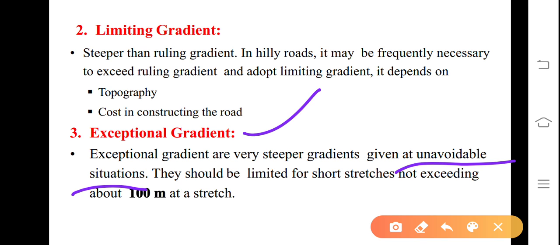It is too steep. They should be limited to a small stretch of about 100 meters, so that the power lost in climbing the too steep gradient can have a relief when it comes to horizontal, because the stretch is very small, about 100 meters.